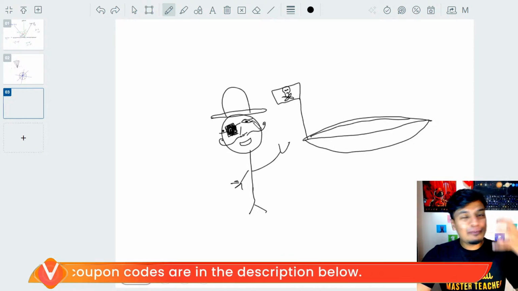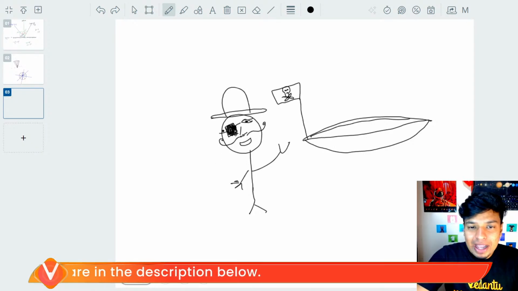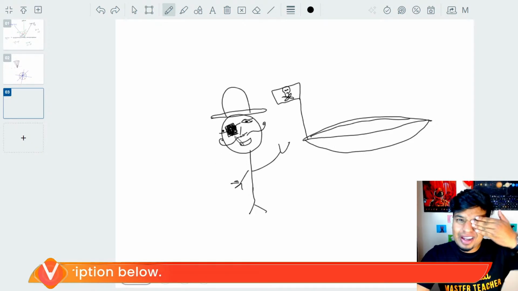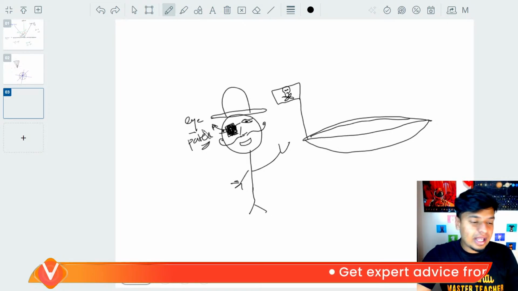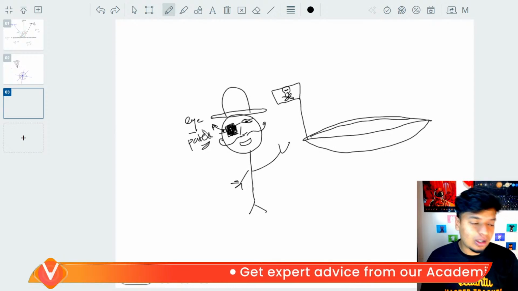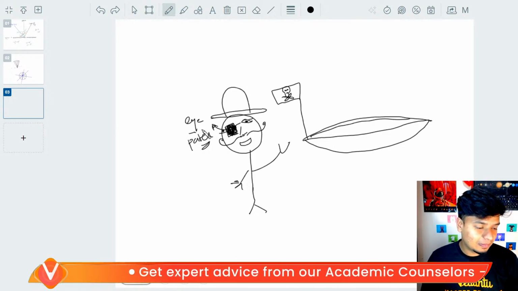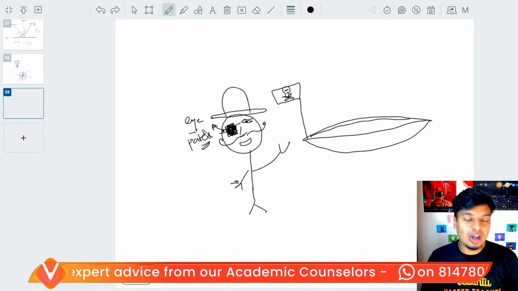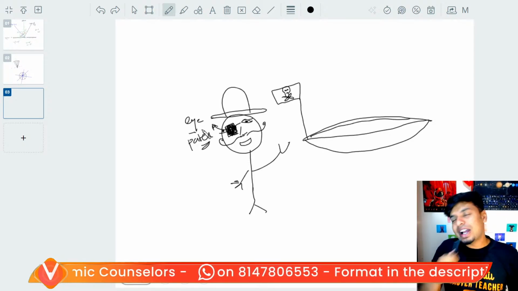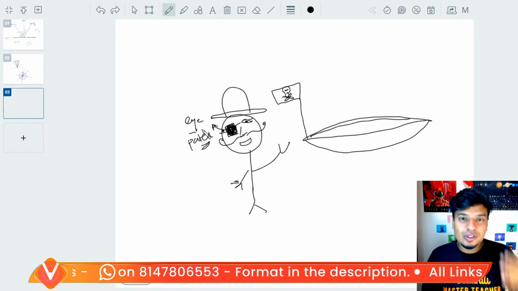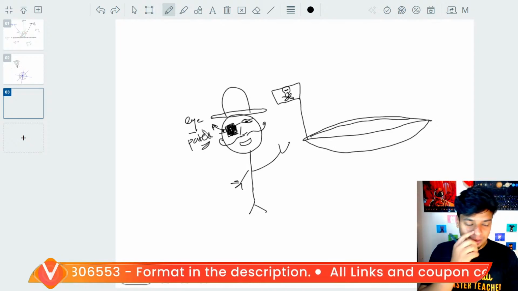Now, have you ever wondered why the pirate has an eye patch? Why an eye patch? Anybody, have you guys thought about it? How many of you guys thought, sir, when the pirates are fighting, somebody poked the eye of the pirate, that's why he is wearing the patch?